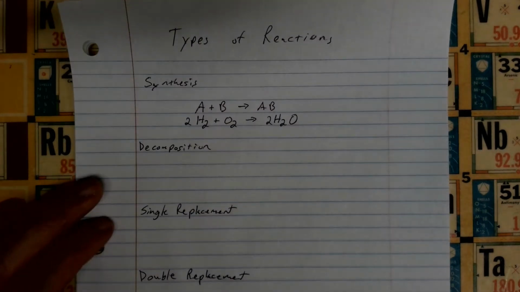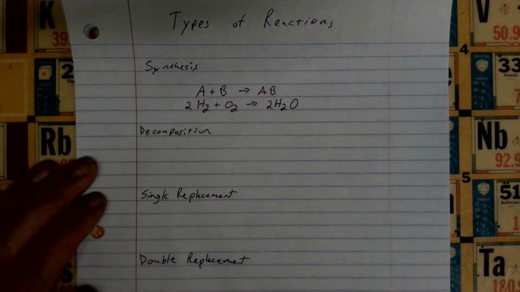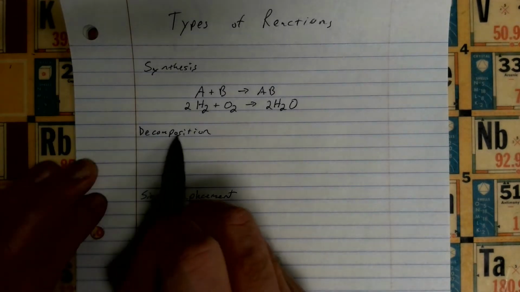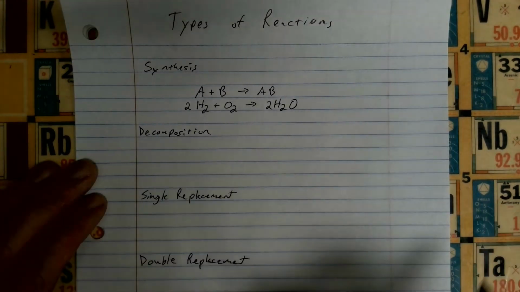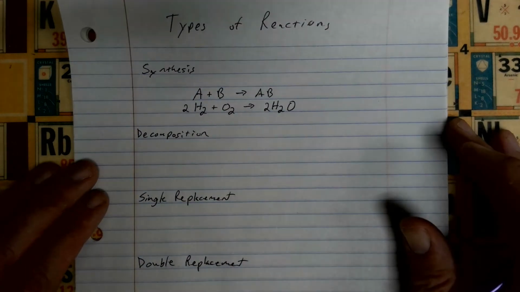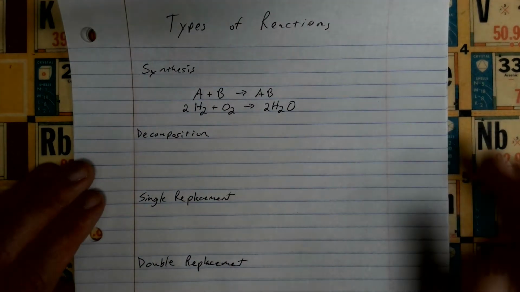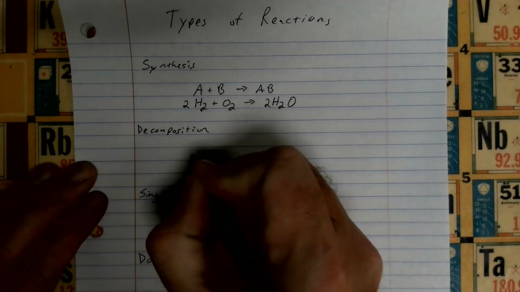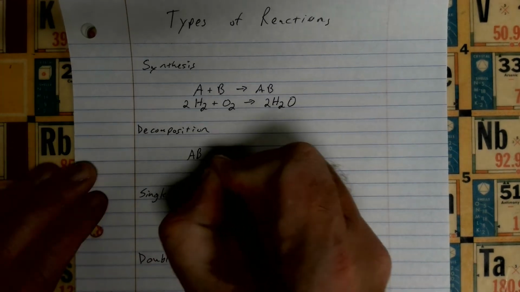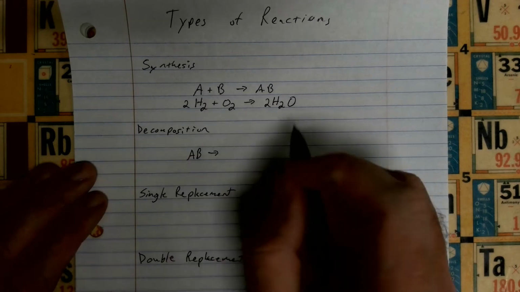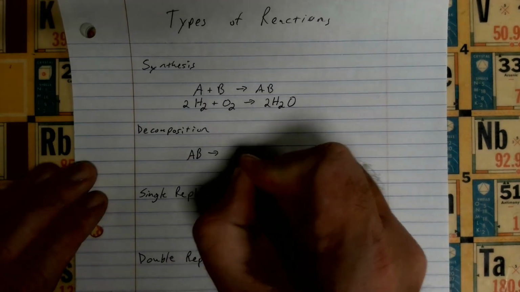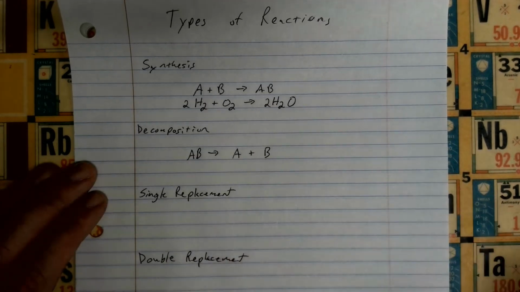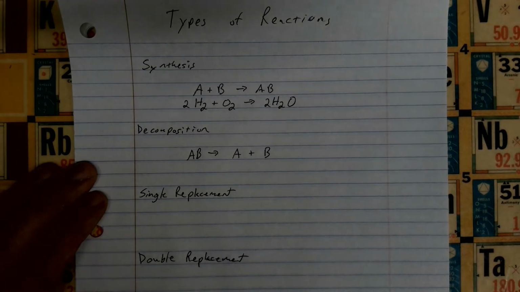The next one is a decomposition. It has the word decompose in it. It means to break down. So hopefully you can guess that it's the opposite of synthesis. So instead of two things forming one thing, it's one compound breaking apart into multiple products.